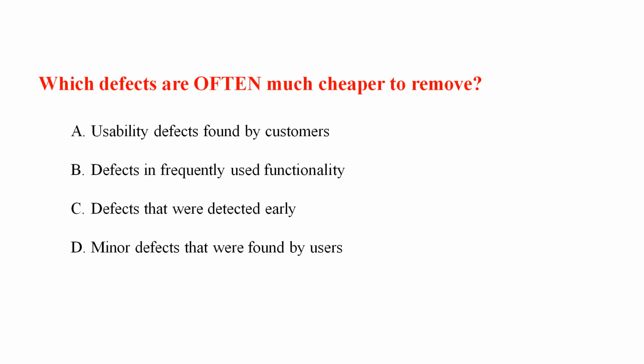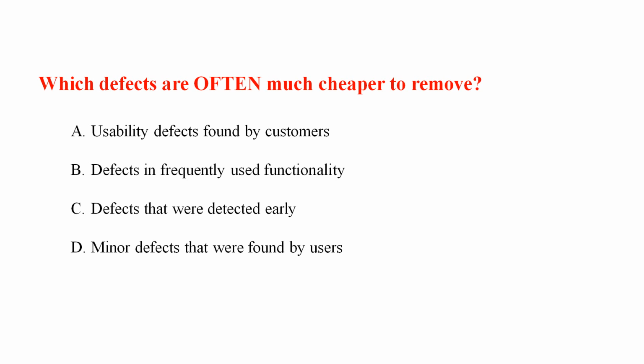These are the options: usability defects found by customers, defects in frequently used functionality, defects that were detected early, and minor defects that were found by users.